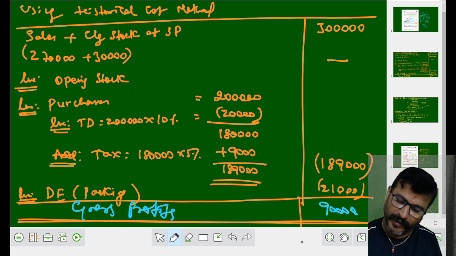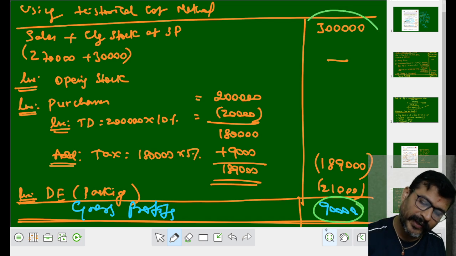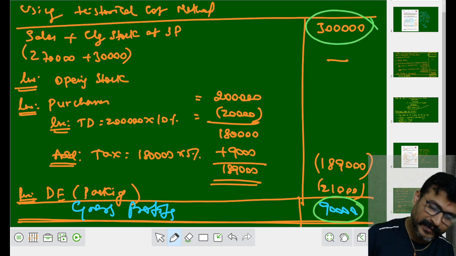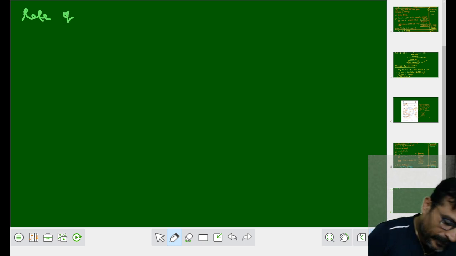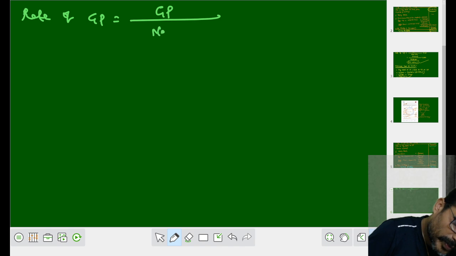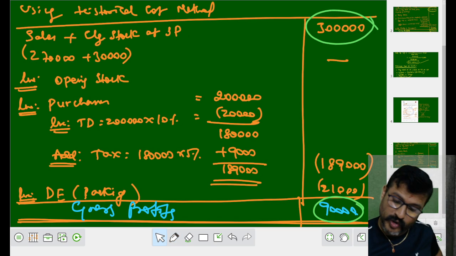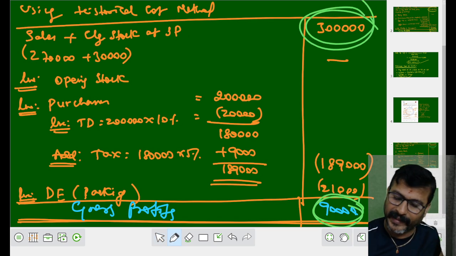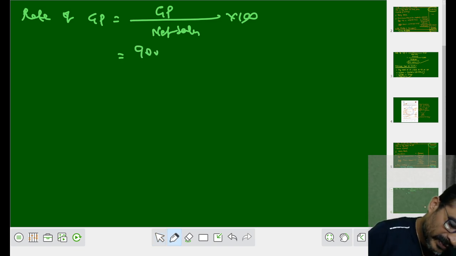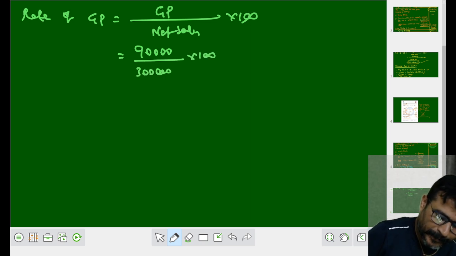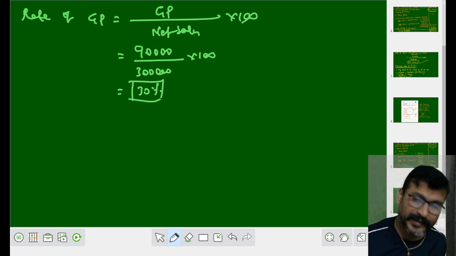For the rate of gross profit, you take the amount of gross profit divided by net sales into 100. How much gross profit? 90,000. Net sales 3 lakhs. So 90,000 divided by 3 lakhs into 100. It comes to 30%. Right?